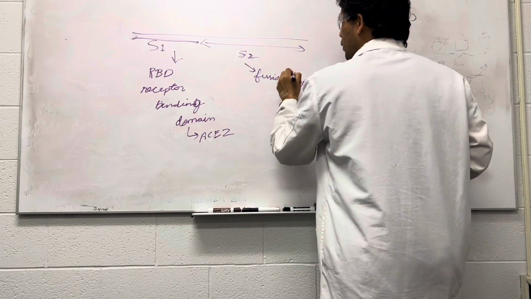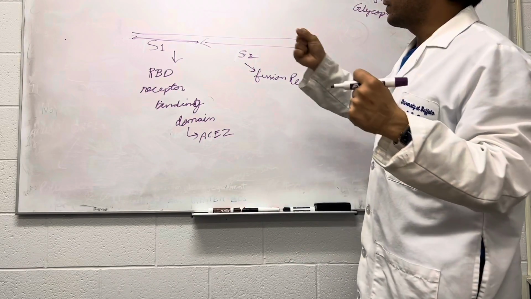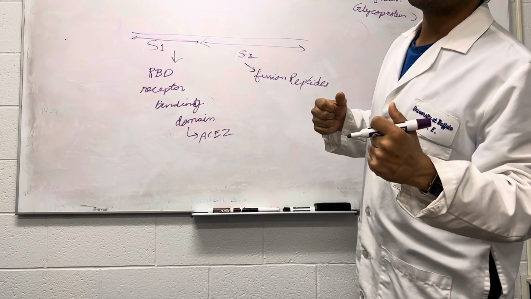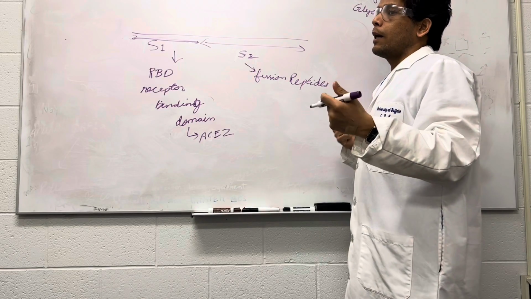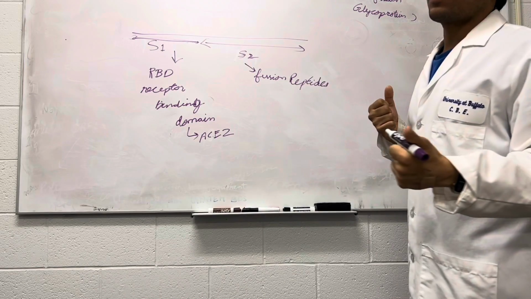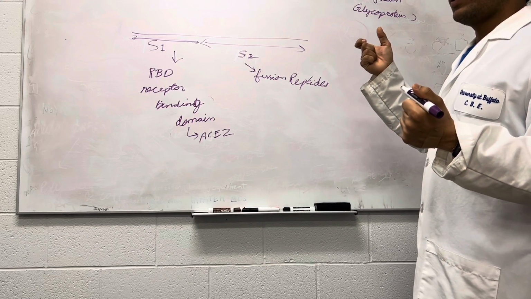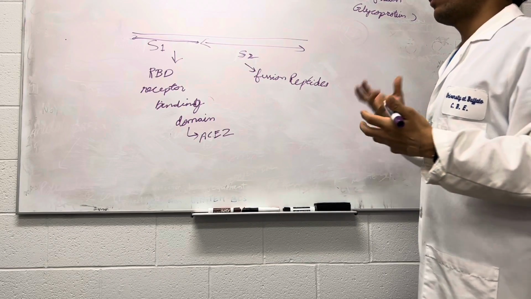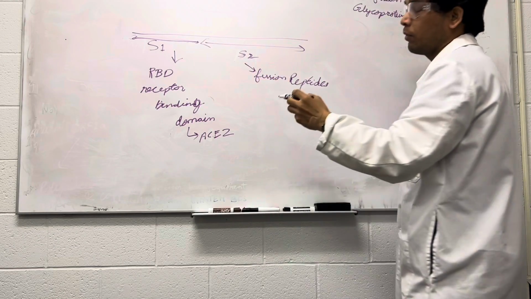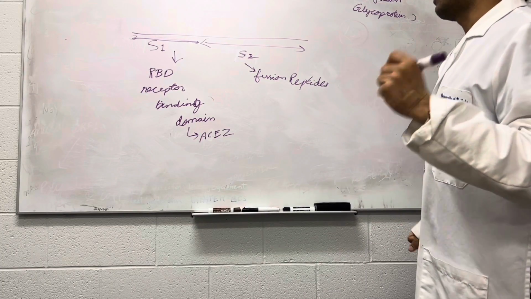Once the S1 part helps in attaching the SARS-CoV-2 virus to the cell surface, these fusion peptides help in the transfection of the virus inside the cell through several changes in the conformation. And these conformation changes occur due to the change in pH near the cellular membrane.